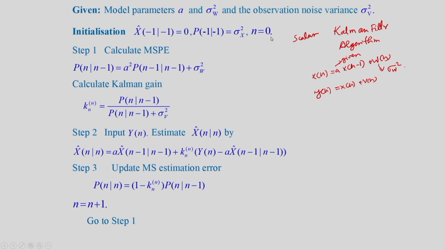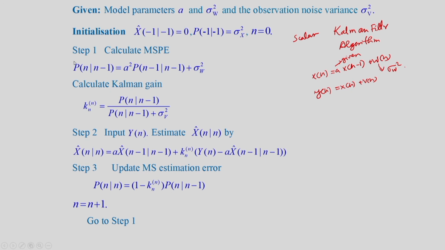We start with n is equal to 0. Now, the first step will be to calculate the mean square prediction error. That formula we know: P of n given n minus 1 is equal to A square times P of n minus 1 given n minus 1, that is the estimation error of the previous step, plus sigma W square.